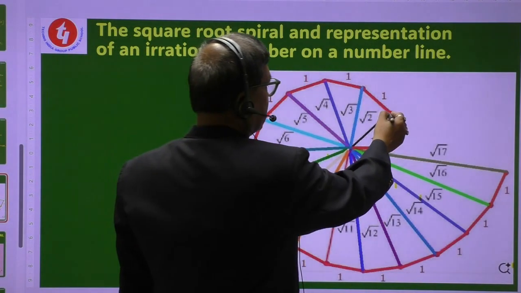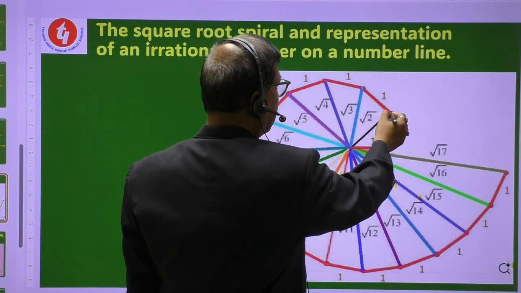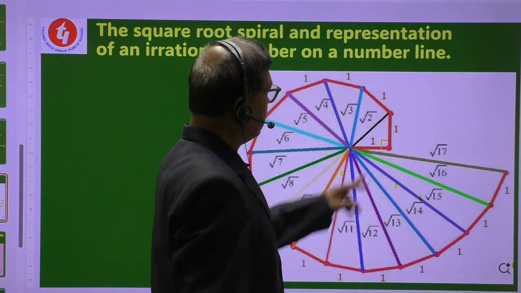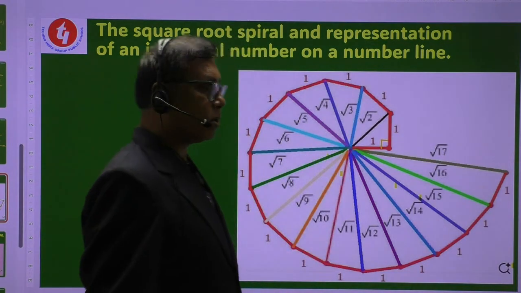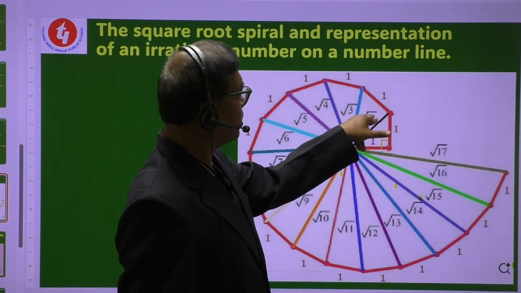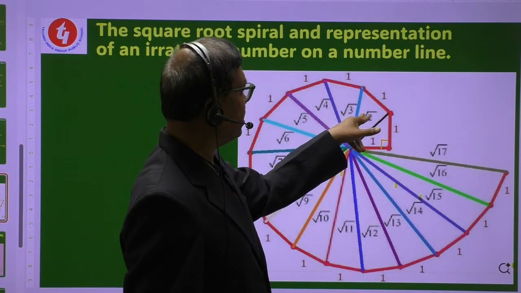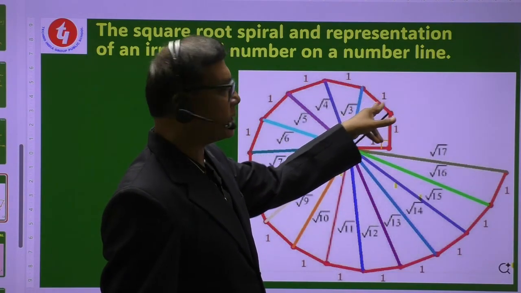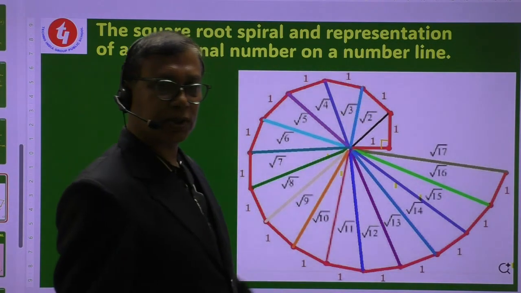Now again on this diagonal, at this point again we have to consider one right angle triangle whose two legs are root 2 and 1. And if you apply Pythagoras theorem on this triangle, then hypotenuse we are getting root over 2 square plus 1 square, that is root over 3. That means this hypotenuse is root over 3.